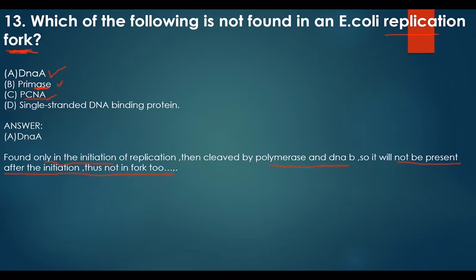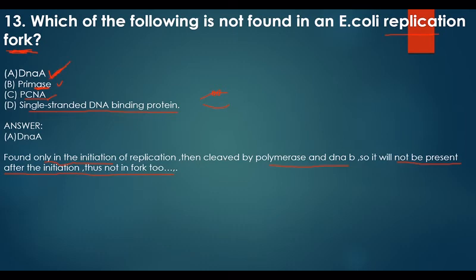SSB protein is responsible for stabilizing the unwinding DNA so that it will not coil, so SSB protein is also present. So the answer is DnaA, which is not present in the replication fork but is responsible for initiation.